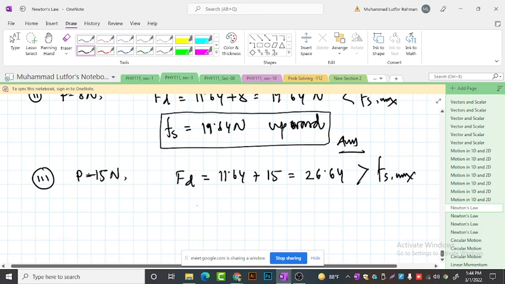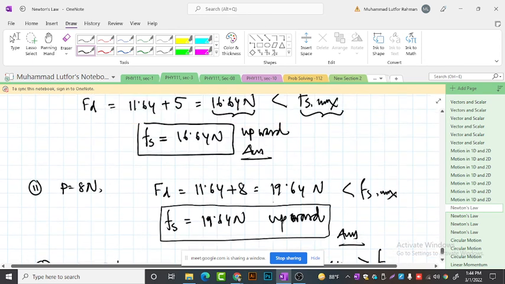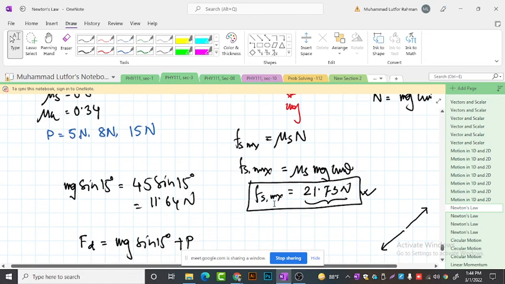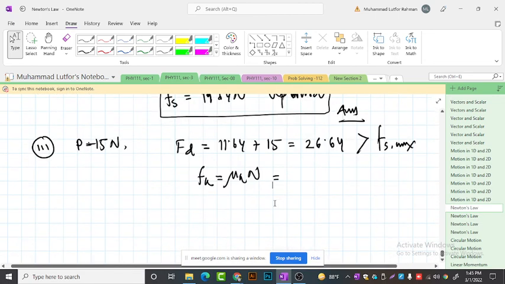Then what will be the frictional force now? Since it's moving, definitely the kinetic frictional force will be active on the system. I should write mu k into N. I know that mu k is 0.34, and I know that N is mg cosine theta, right?